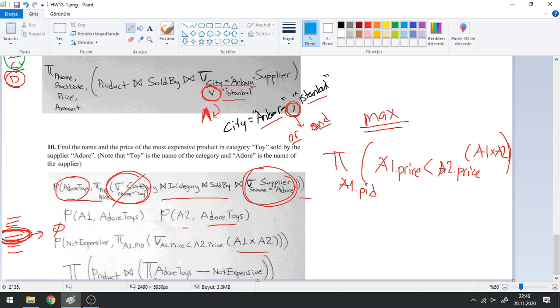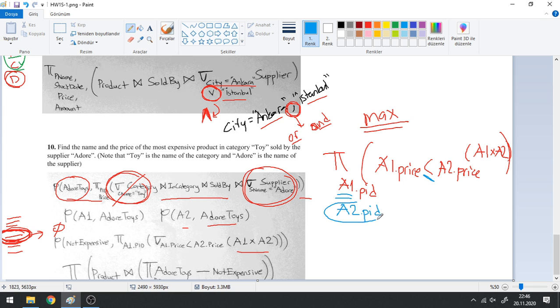What we can do instead is, instead of saying, okay, I get the A1 side, I could get A2 side, A2.PID, and these are going to be the ones that are higher than somebody. And in this case, I also need to include the equals operation. So it is going to be A1.price less than or equal to A2.price.